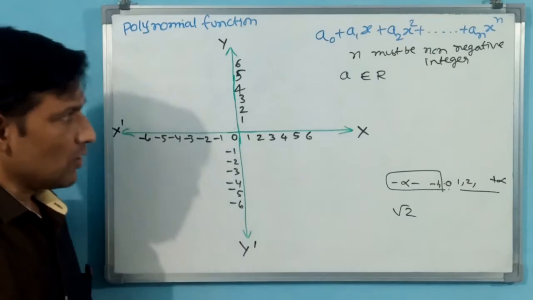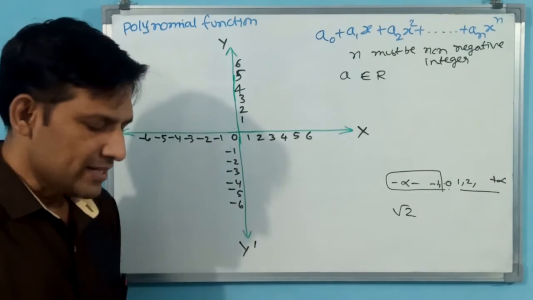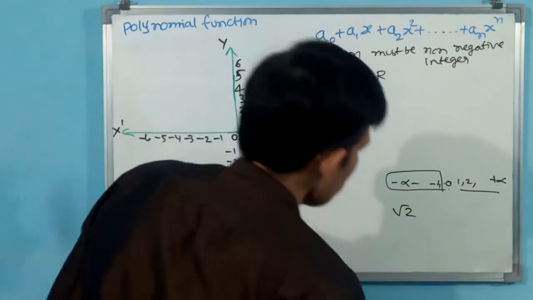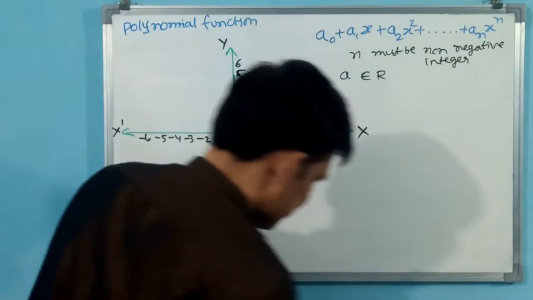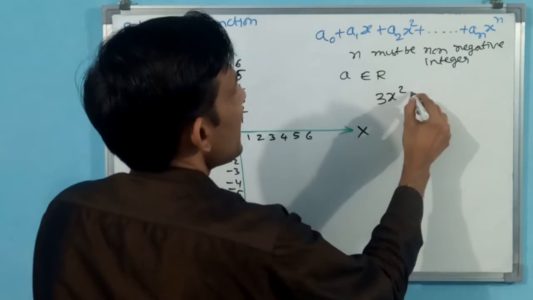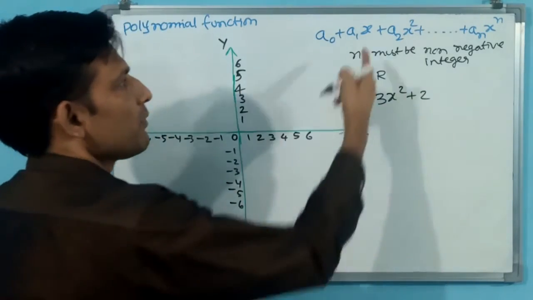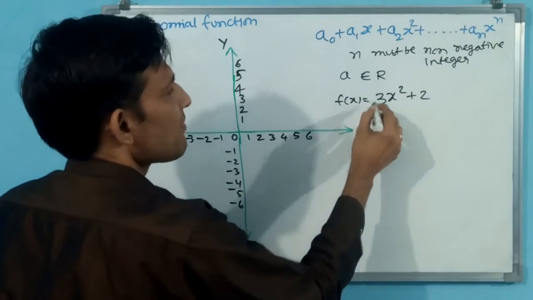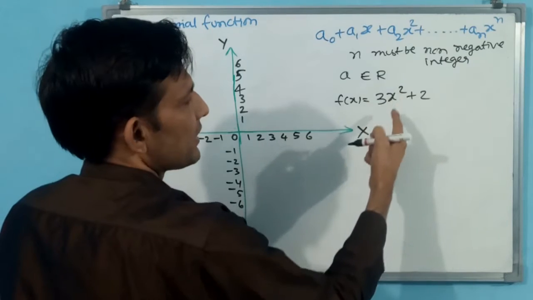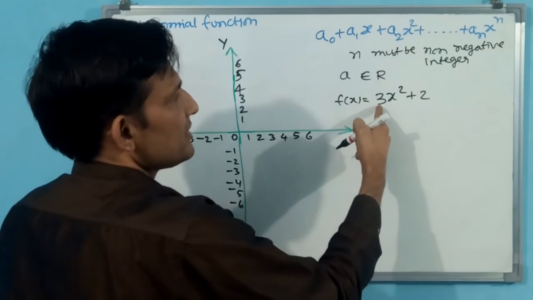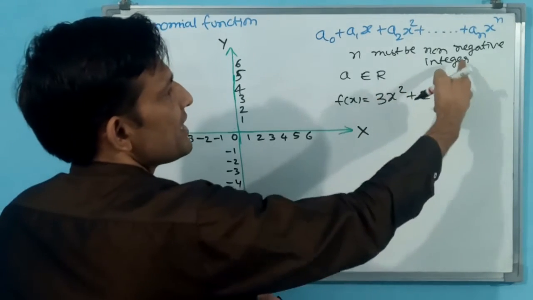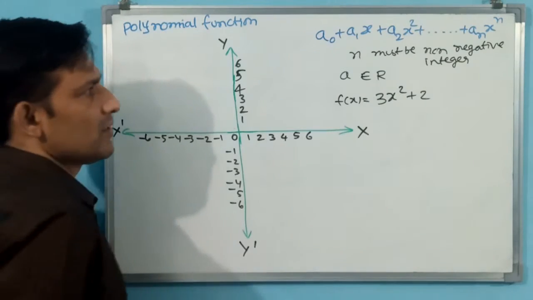Okay, I am going to write 2-3 polynomial functions, then you compare, and I will also write 1 or 2 that are not polynomial functions, then you can understand. See here, f(x) = 3x² + 2, this is a polynomial function. Why? Because a is a real number, and the power of x, n, is a non-negative integer.